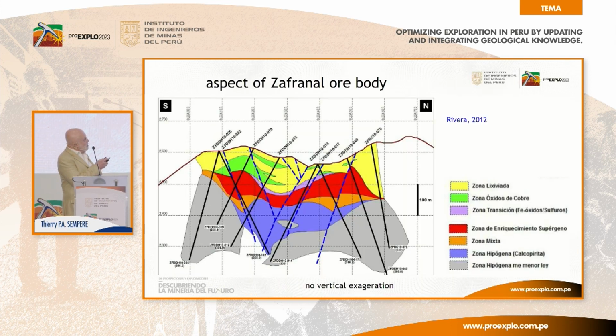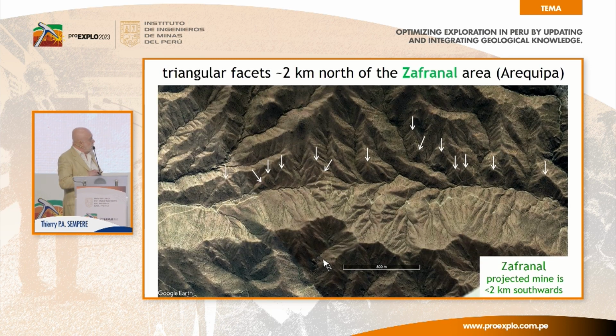This is interesting. This is a section that I took from an app about 10 years back on the structure of the Safranal deposit ore body, and I will show the chalcopyrite area in violet, and the low mineralization area in gray. We are 2 kilometers north of Safranal, and we see triangular facets.